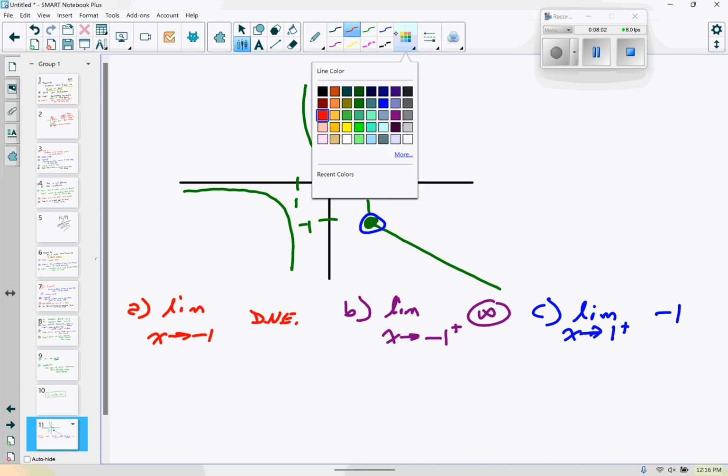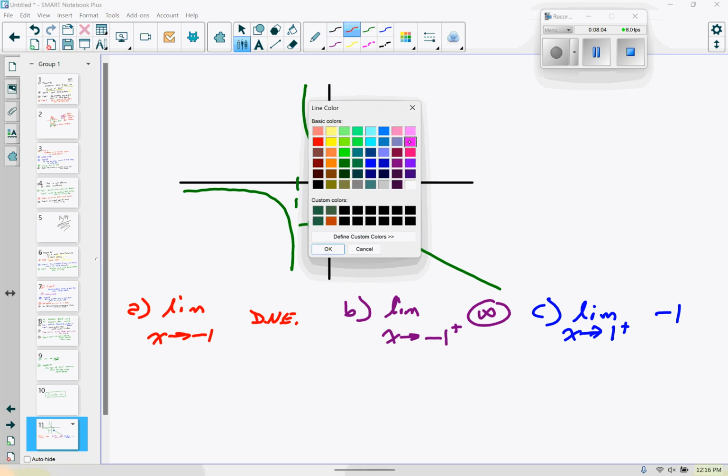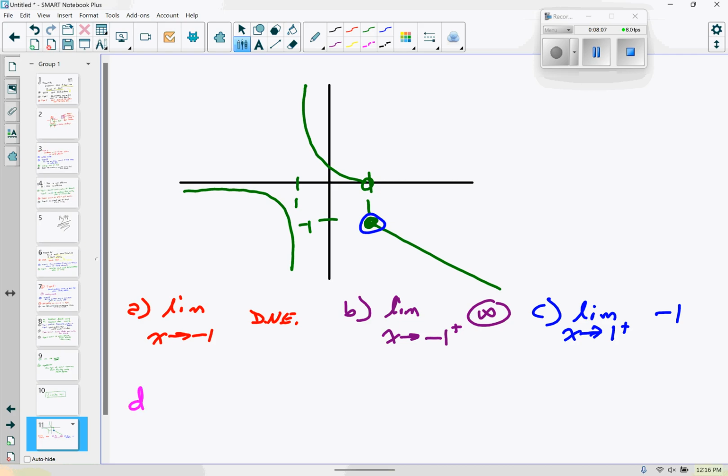And then let's keep going. Letter D. Letter D, the limit as x approaches 1 from the negative side.